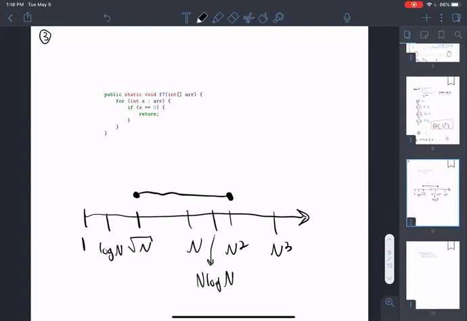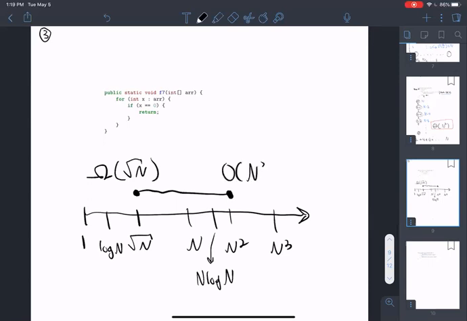Sometimes when you can't quite pinpoint the runtime, you want to have a range of where it would be. For example, say the function in the best case is theta of root n, and in the worst case it's theta of n squared. Then you know it's somewhere between there, and that's what you can say about the function generally. So you can say it's omega of root n as well as O of n squared.